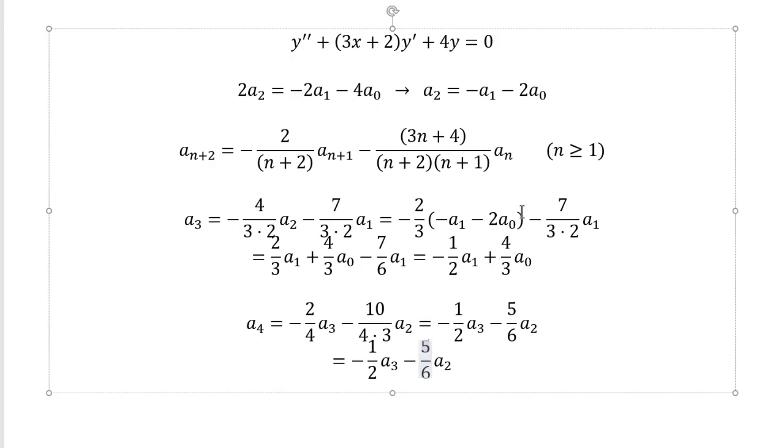So where is it? Here, negative a1, negative 2 a0. So replace it.